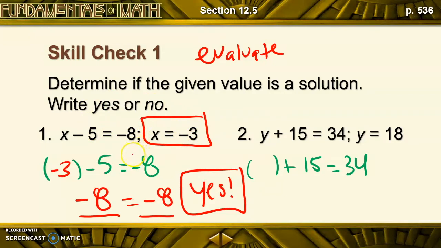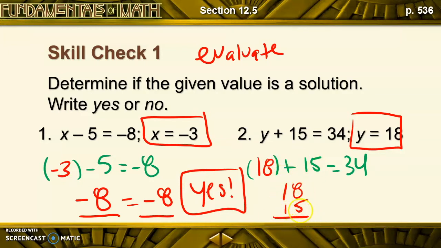Example number 2 for this type of problem gives us a new equation and a new number to plug in. If y equals 18, is it a solution? So what I'm going to do is evaluate wherever I see y. I'm going to put parentheses and plug in 18 for that number. I'm going to add 18 plus 15 because the operation is addition between them.